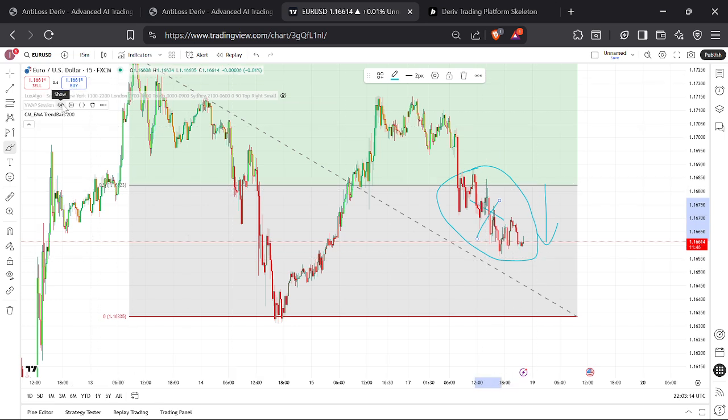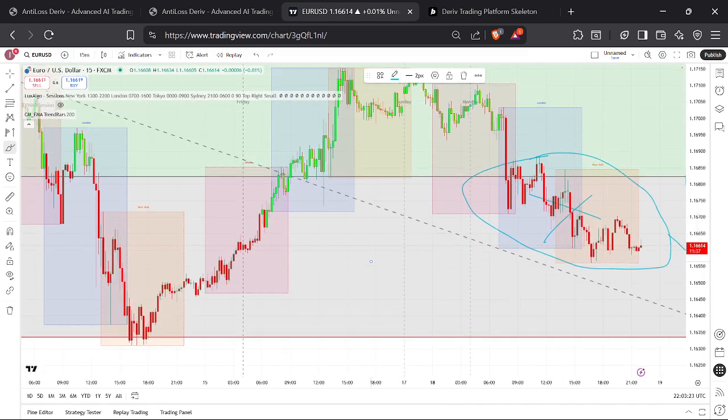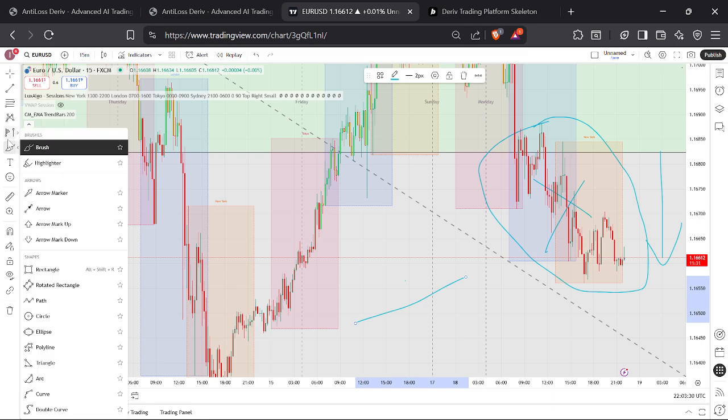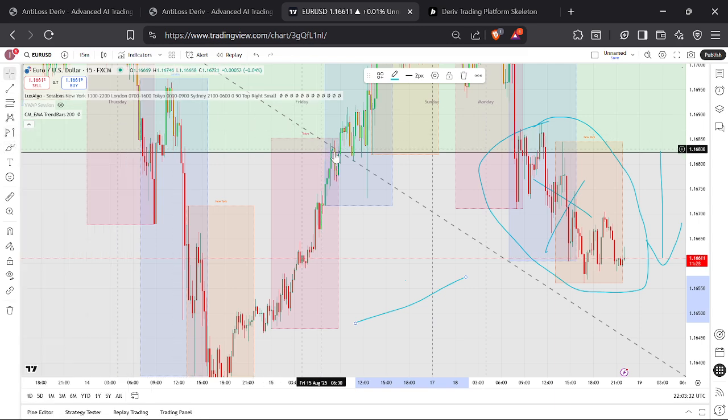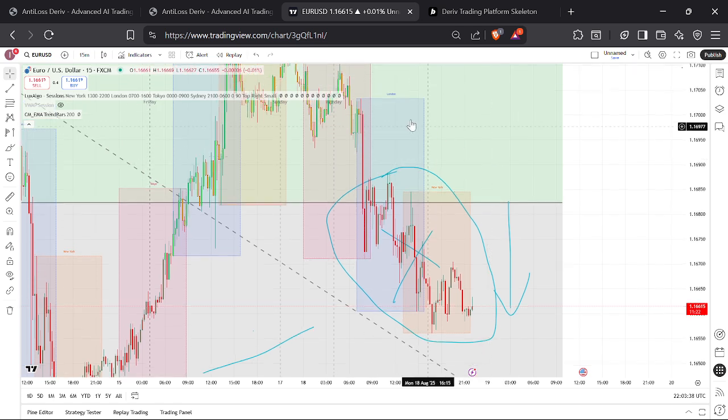So I'll also combine it with our sessions tool. Let me just use our sessions tool here. You can see we are already in the New York session, which is a very high volatility session, and we sold in London session, and you can see this huge move that pushed the market into a sell zone, which means that sellers really wanted the market to trade down here.